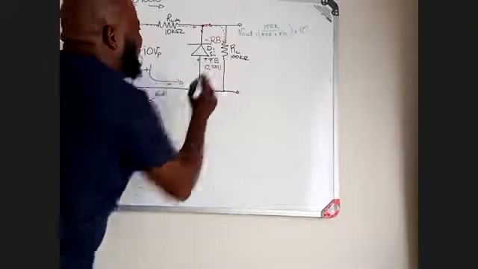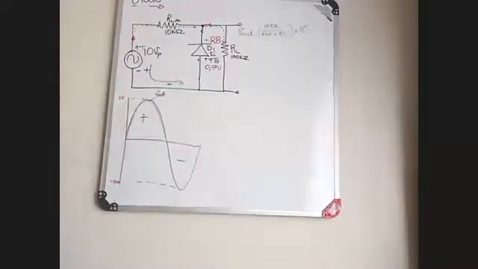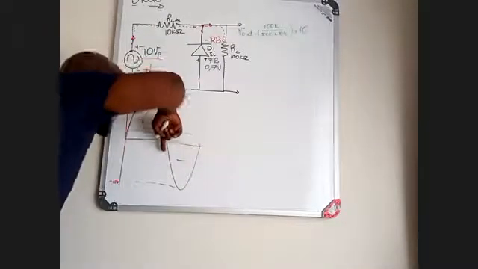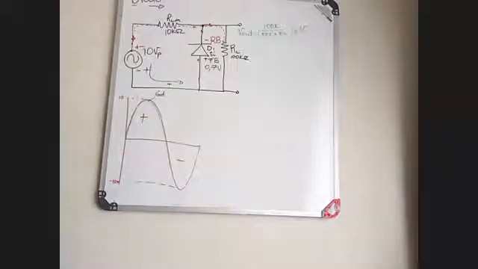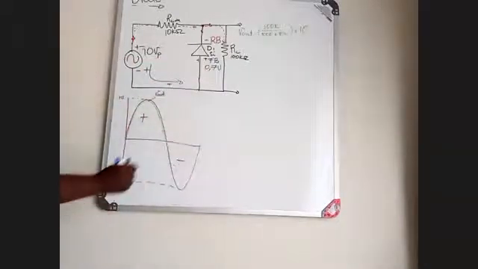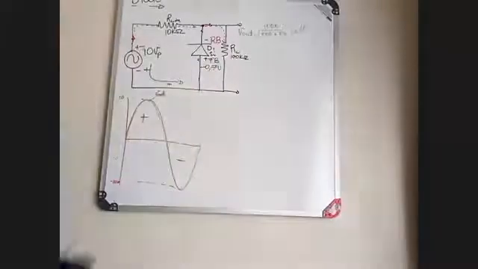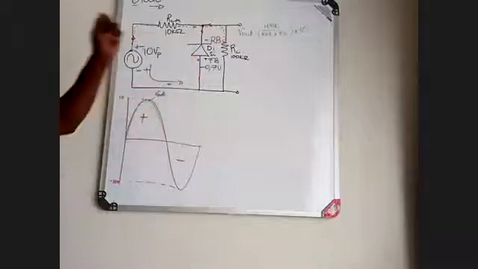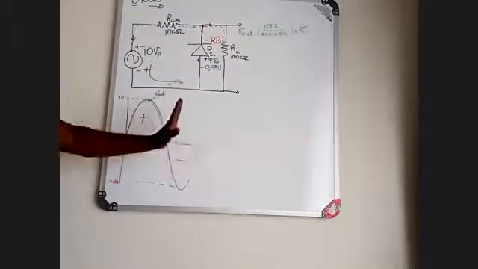0.7 volt. But now it's 0.7 volts when your cycle is on the negative side. When your cycle is on the negative side, it's going to be minus 0.7 volts, because you switched on the diode during the negative cycle.